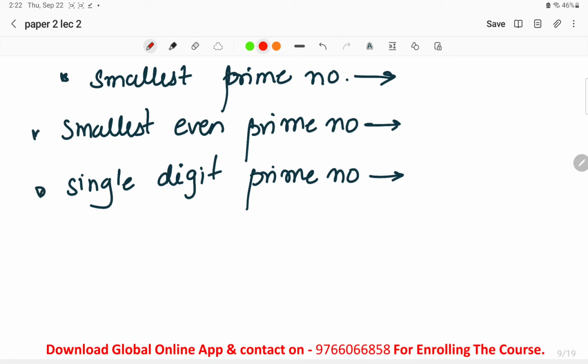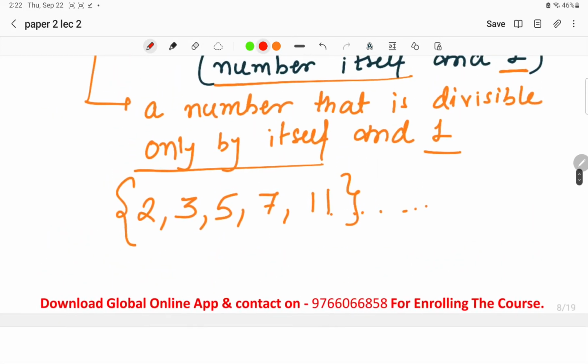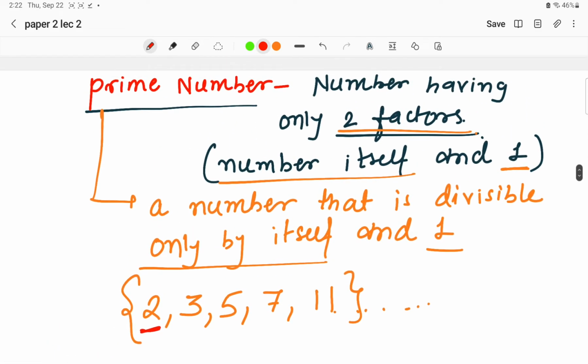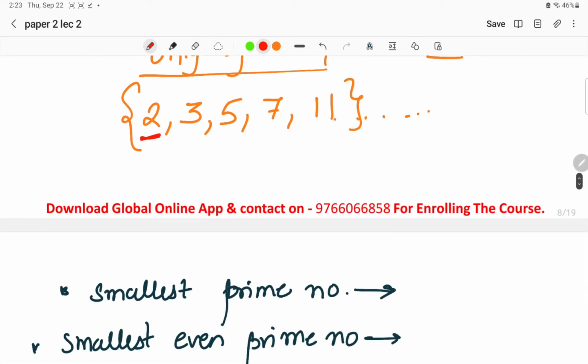Now dealing with the smallest prime number, as we can see that 2 is a prime number, the question will be: is 1 a prime number? Does 1 fall in the category of having two factors? Let us see. 1 does not have two factors, it has a single factor, that is 1 itself.